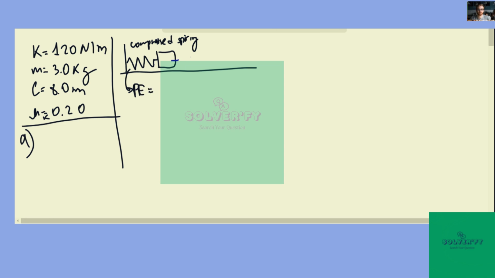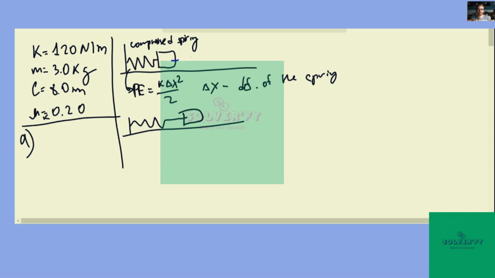So the potential energy of the spring equals k delta x squared, where delta x is the deformation of the spring. Then the spring was released and it pushed the block to the left, and the block had initial velocity of v0.